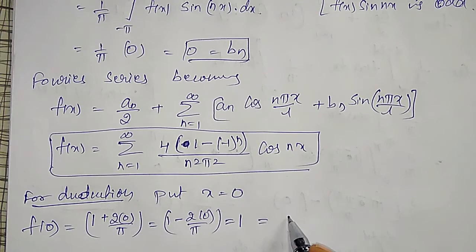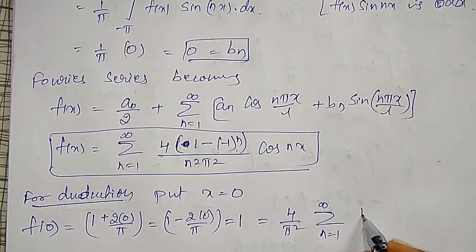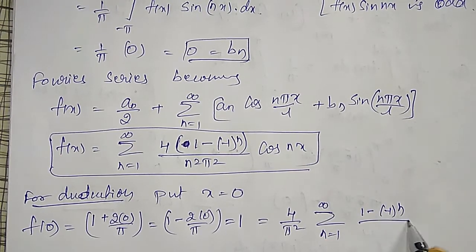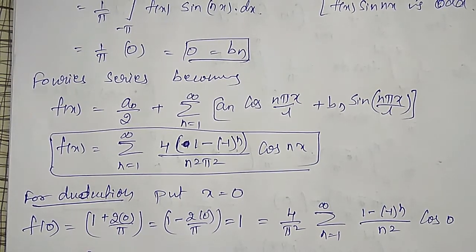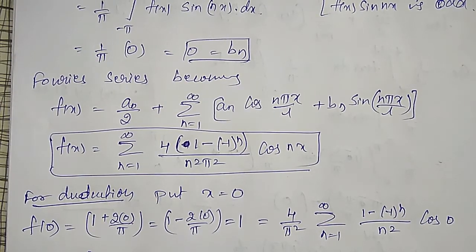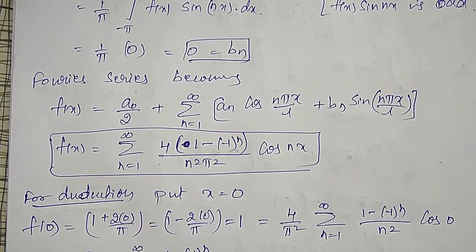Right hand side it will become 4 by pi square common outside, summation n equal to 1 to infinity of 1 minus minus 1 raised to n divided by n square cos 0. Shifting to the left hand side, pi square divided by 4 equal to summation n equal to 1 to infinity of 1 minus of minus 1 raised to n divided by n square.